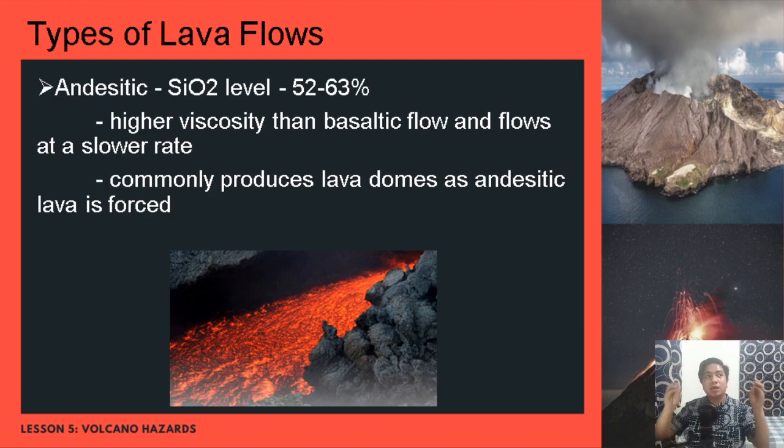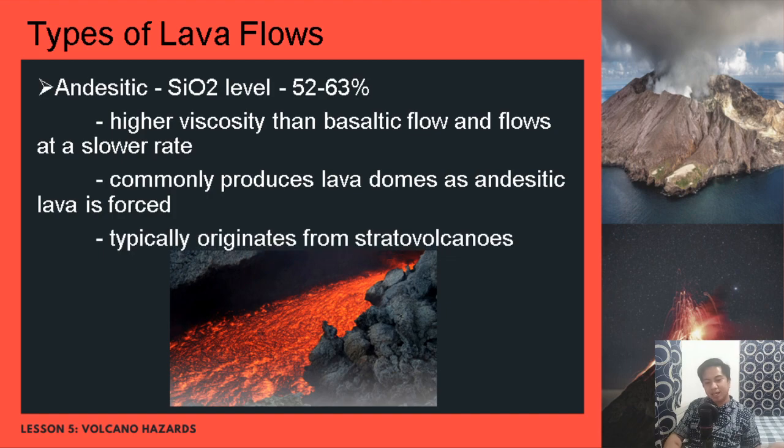So, that is why in your andesitic, sa amo pala na nga percentage niya, 52 to 63% of viscosity or the presence of the silicon, chances are it may collapse your lava dome. Okay? So, andesitic lava is forced and then usually present in your lava domes. Okay? So, typically originates from a stratovolcano.